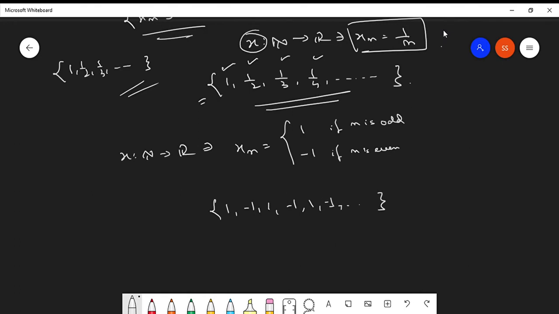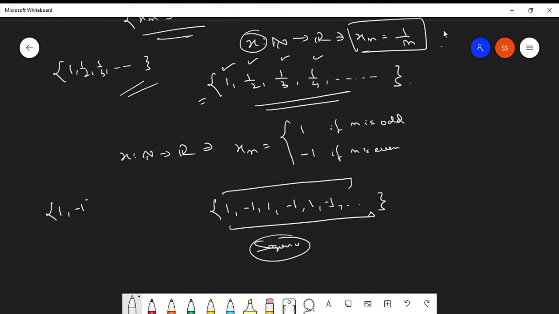But will the range be the same as this? No, the range here is only 1 and minus 1, because only these two are the images this function can have. So here the range and the sequence are different. Don't get confused between range and sequence; they are different.